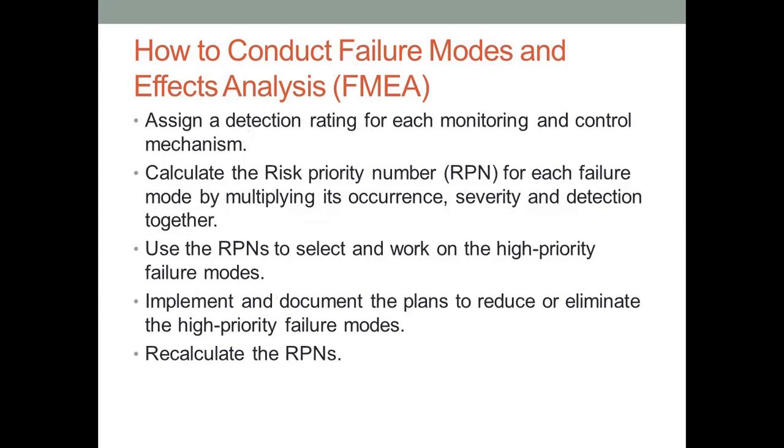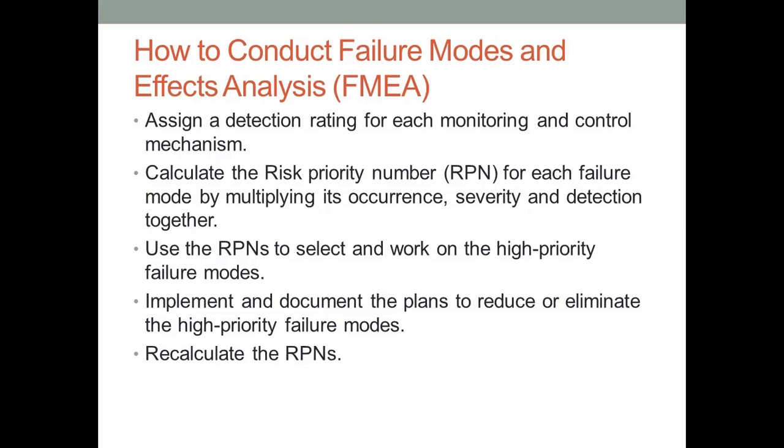So assign a detection rating for each monitoring and control mechanism. So for that example, since they have an automatic backup server that they switch over to, the detection rating there will be a 1. Yes, it will be a 1.